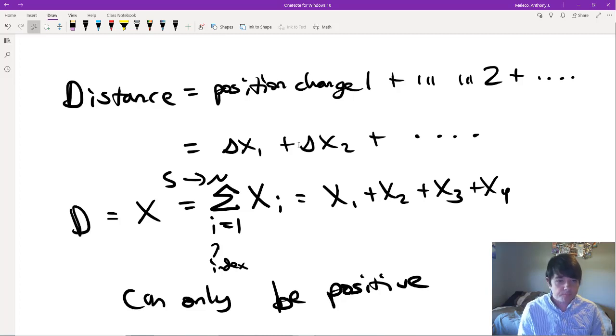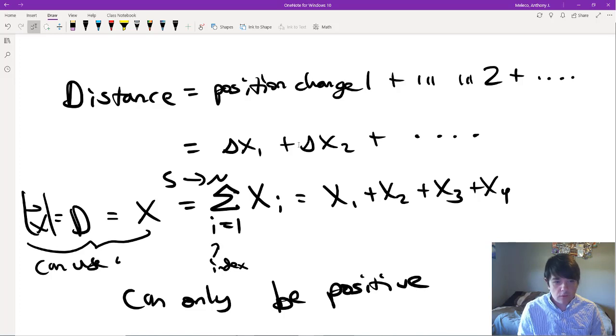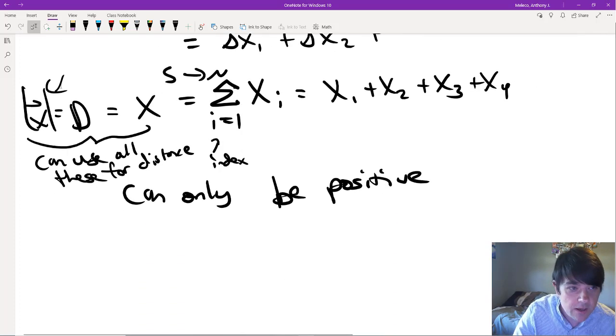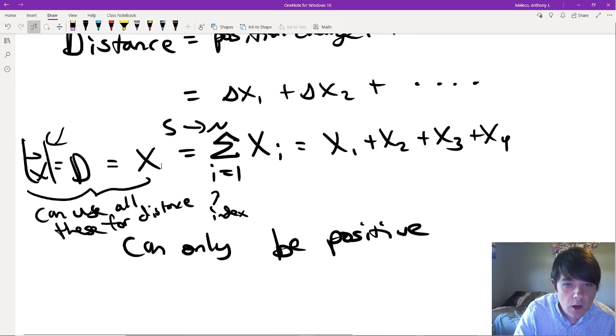Because it can only be positive, these. So you can use all these. So the absolute value bars kind of make that okay, because that represents only a positive value.